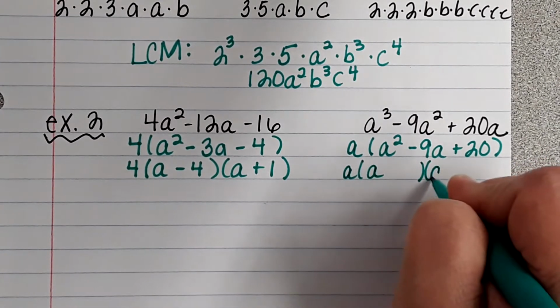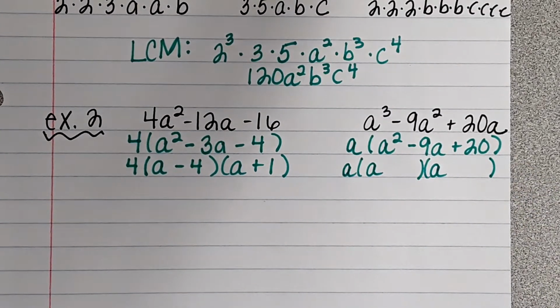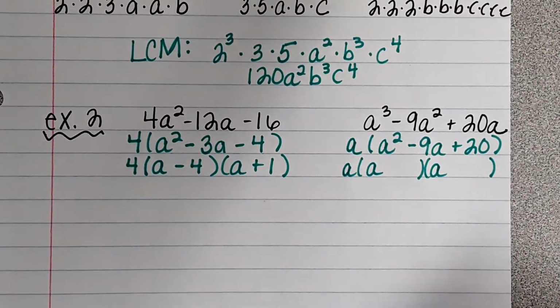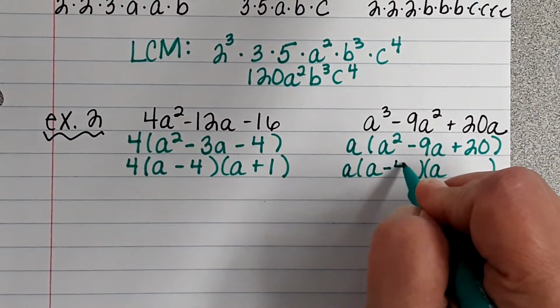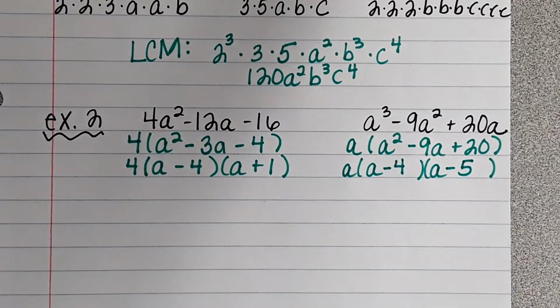What are two numbers you can multiply to get positive 20? 5 and 4, or negative 5 and negative 4. Which one adds to negative 9? Yep. Okay, so now we've factored them.